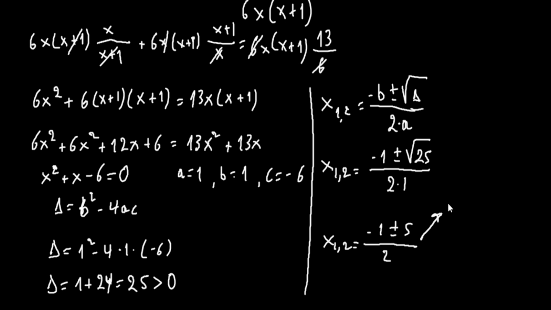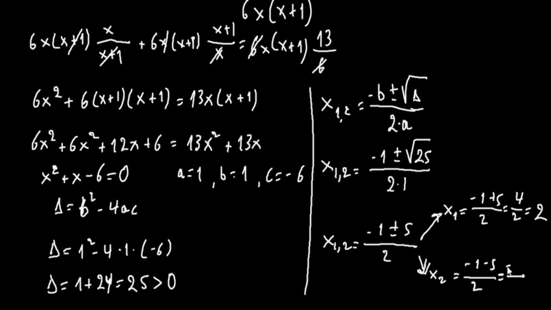Well, here we have that x1 equals minus 1 plus 5 over 2, or 4 over 2 equals 2, and the other solution is minus 1 minus 5 over 2 equals minus 6 over 2 equals minus 3.